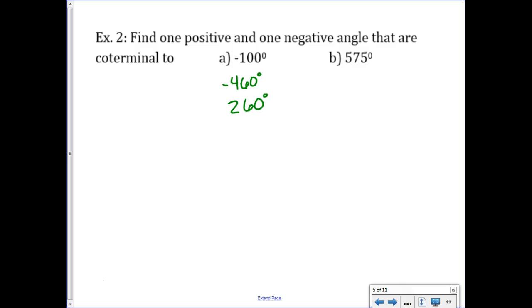Or you could get negative 145 degrees, or 215 degrees, or if you really want to keep adding on, 935 degrees. Again, those options are infinite.